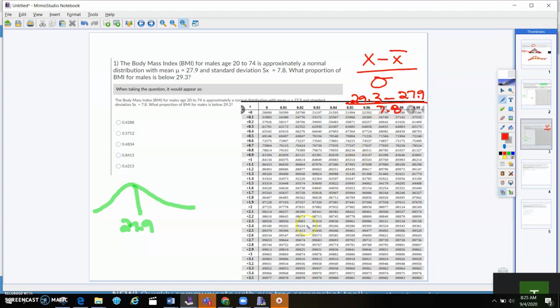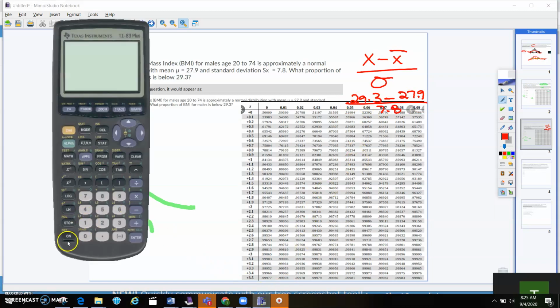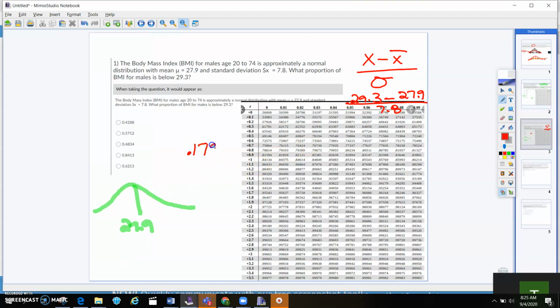I'm going to go into my calculator and type 29.3 minus 27.9, and then divided by 7.8. So that's going to give me 0.179.